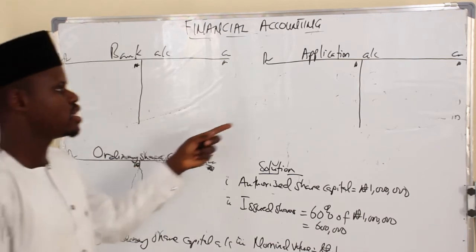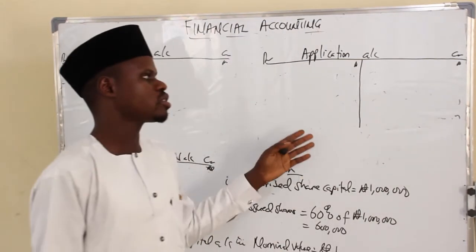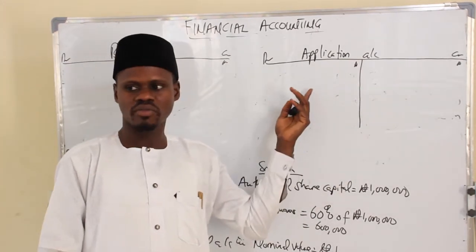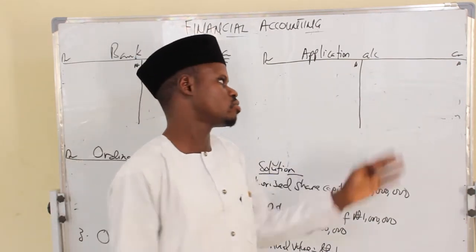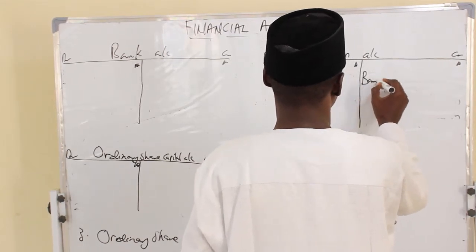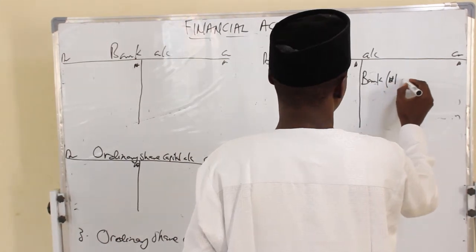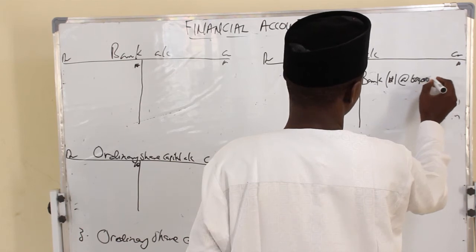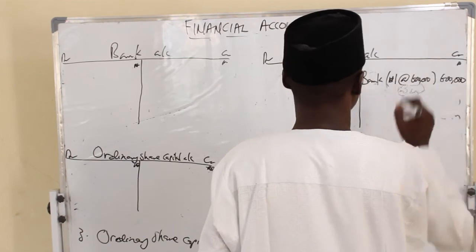Now, since it's an application, it means money is going out. And when money is going out, we come to the credit side of the account. When you are receiving money, we definitely know we debit the account. And when money is going out, we credit the account. So we'll write, we are paying from the bank, so we'll write bank, 1 Naira at 600,000 shares. This will give us 600,000 Naira.